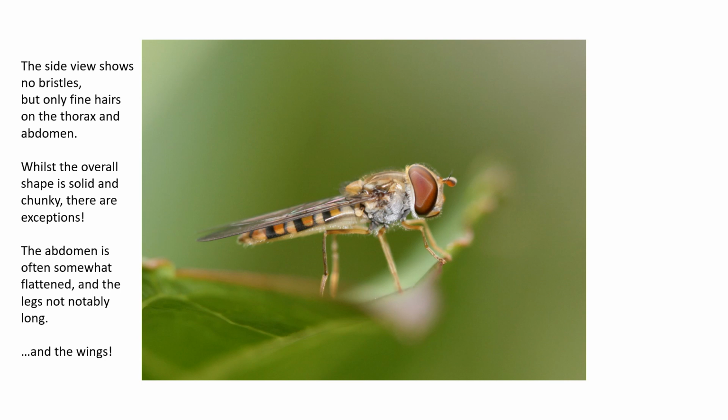It has an English name of the marmalade hoverfly, as you can see from the banded colours on the abdomen. But it shows you the basics, as I explained on the left hand side: a rather flattened abdomen, fairly long legs, a fairly solid beast with quite big eyes, and the wings, which are a very good guide.